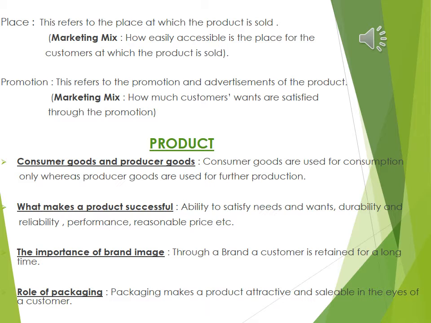it should be reliable and should be efficient in performing. Now, how does this differ from the first point? It may satisfy a customer's wants and needs, however, it may take a long time.